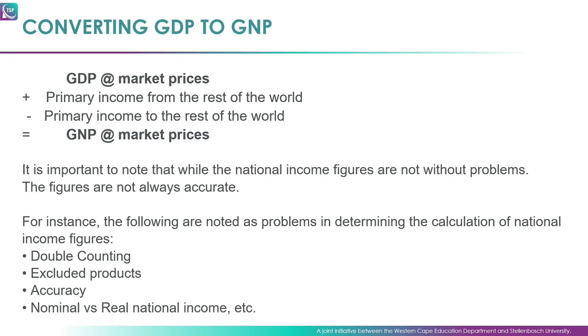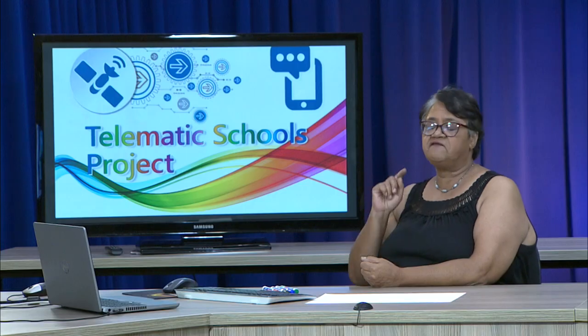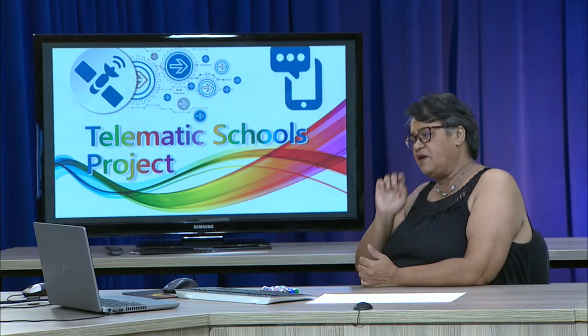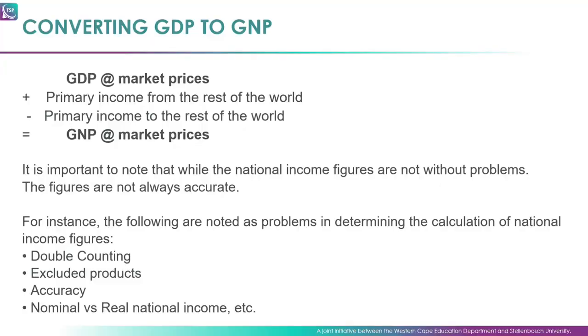Okay, before moving on to the final method, which is the expenditure method, I just want to pause here and look at how we convert GDP to GNP. Now remember, GDP stands for gross domestic product and GNP is your gross national product.